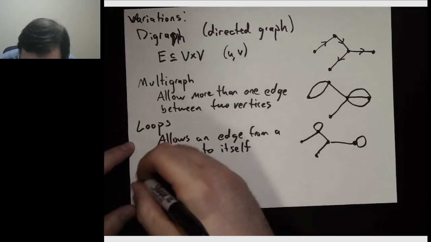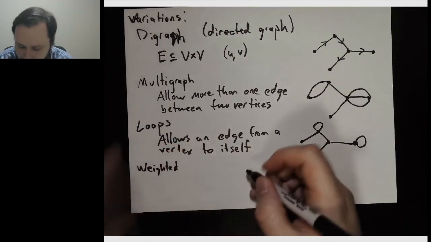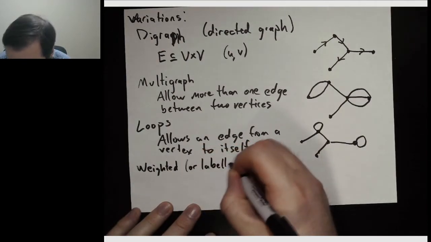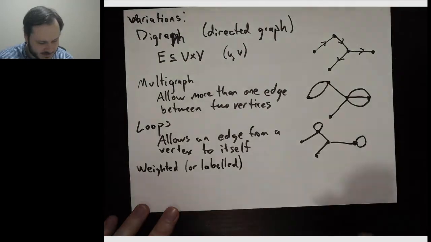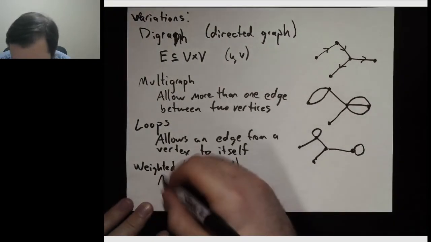The last type I want to talk about are weighted graphs, also sometimes called labeled graphs. And there's some number associated with each edge.